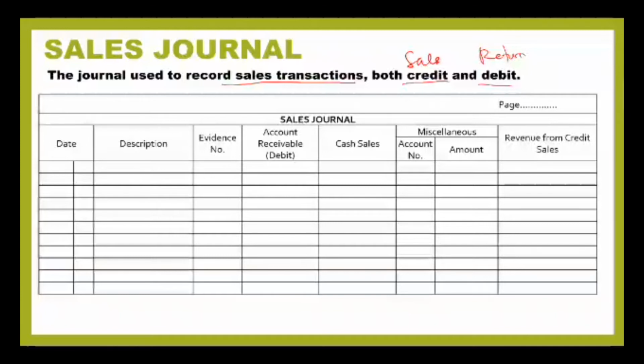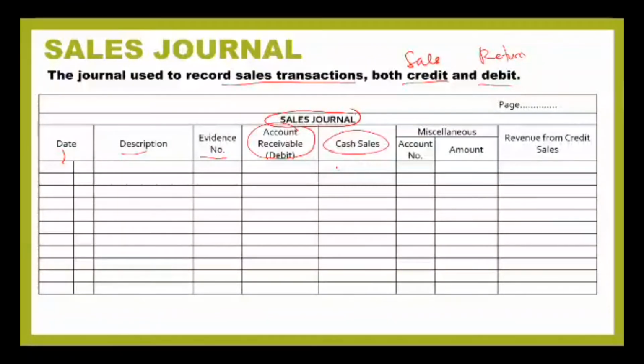As you can see here, this is only for the sales journal. You can see here also there is a date, the description, the evidence number, and then this is the account receivable. It means this is for the credit sales. And then for the cash sales, you just type the amount here.